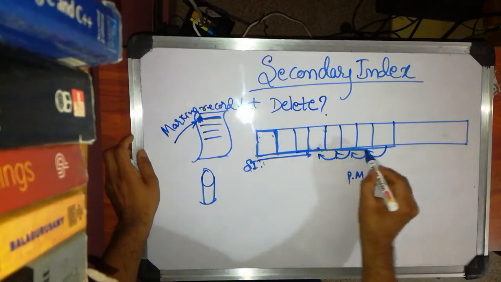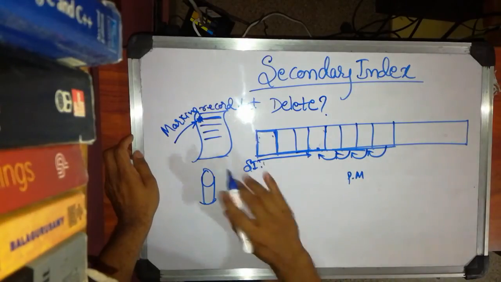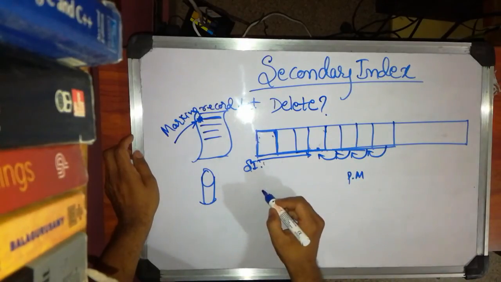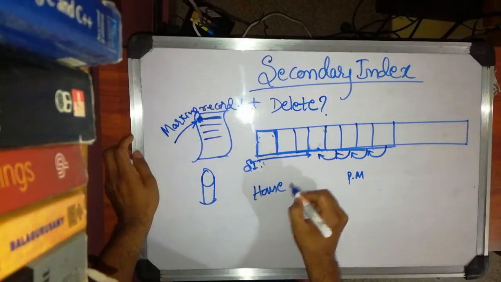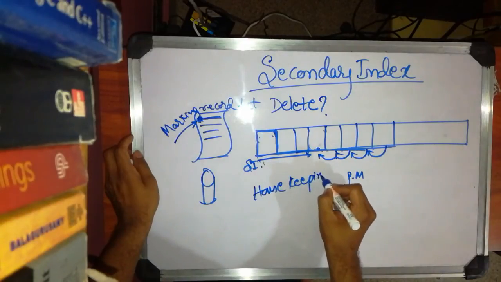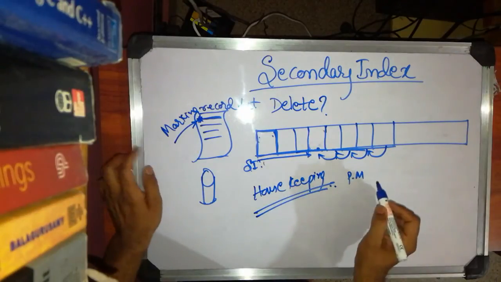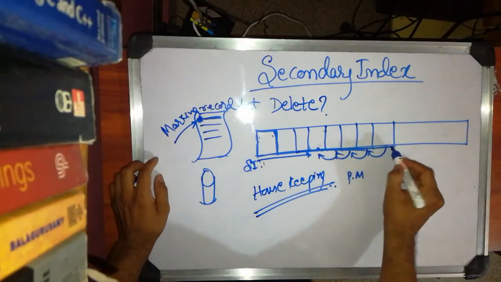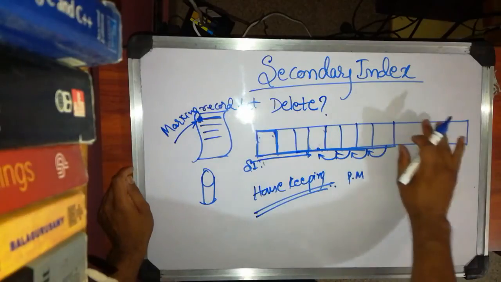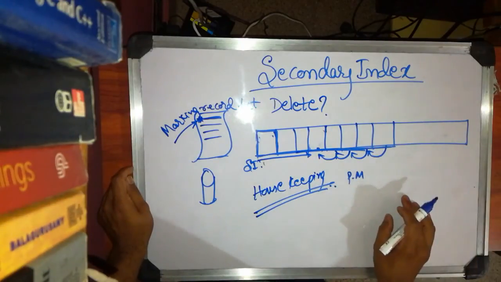This is exactly how we are going to maintain the secondary key after deleting. This is called your housekeeping, right? You're supposed to maintain the secondary key and make sure that you're not going to have any deleted entry, at least in the secondary index that you have built.